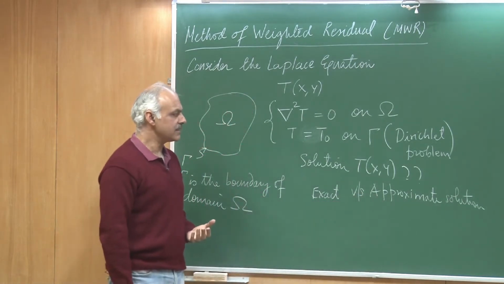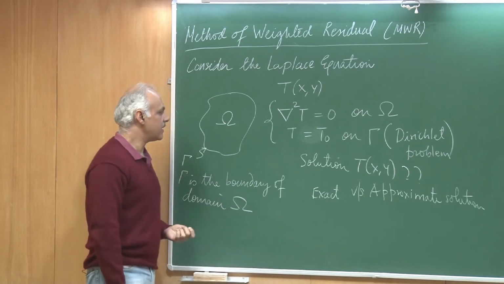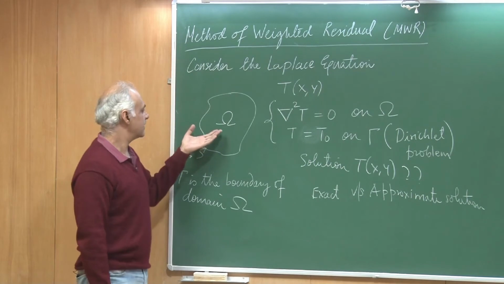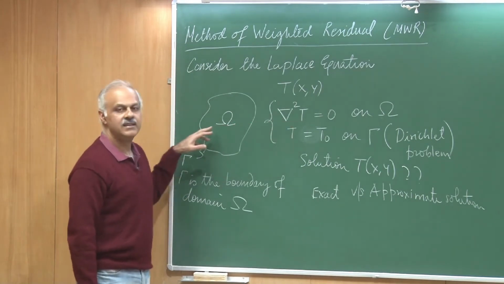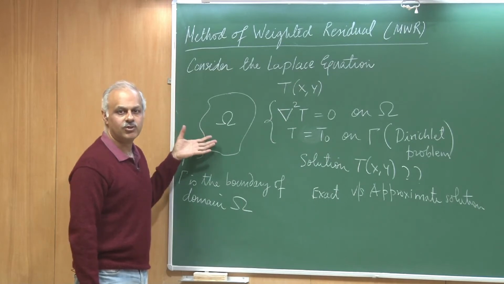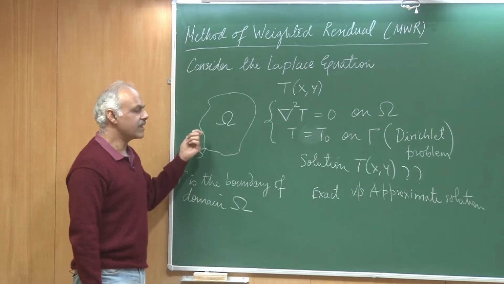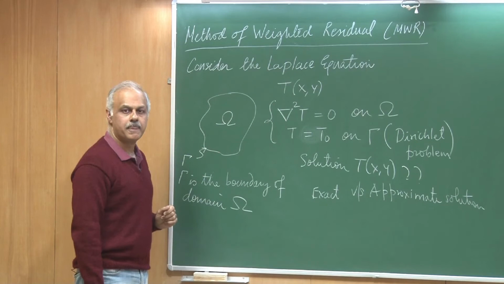Now I could ask, how do I approximate this? Some of you may argue, let us choose some points inside this domain omega and solve this equation approximately on those points. Or some of you would say, no, let us solve at least on those points the equation exactly.